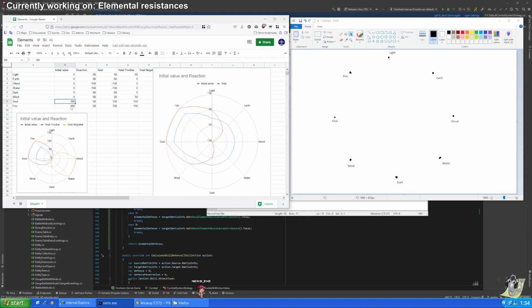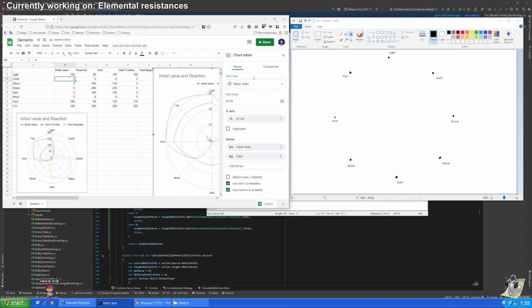So because I changed the neighbor as well, it increased the other neighbor. The same for this. Okay, let's increase light. Now it's 200.